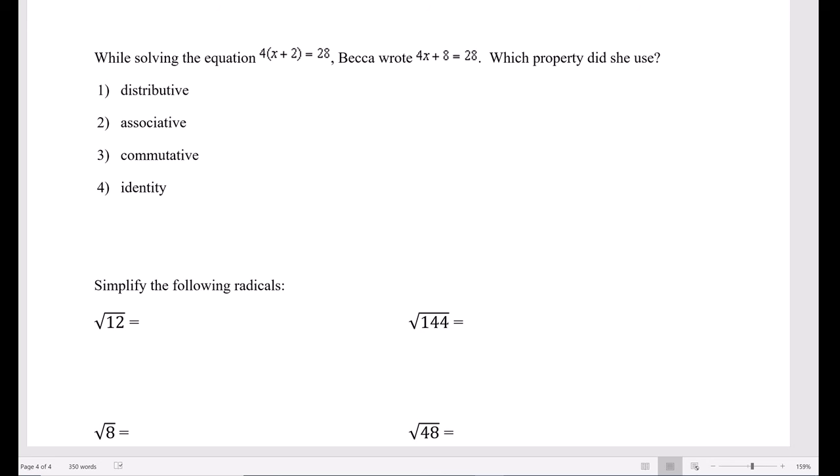So the right side of the equation remains the same. So what changed is she went from 4 times the quantity x plus 2 to 4x plus 8. So which property did she use? It was one of the ones that we just talked about. She used the distributive property. She multiplied 4 times x to get 4x, and she multiplied 4 times 2 to get 8. So after distributing, she got an expression on the left side of 4x plus 8.